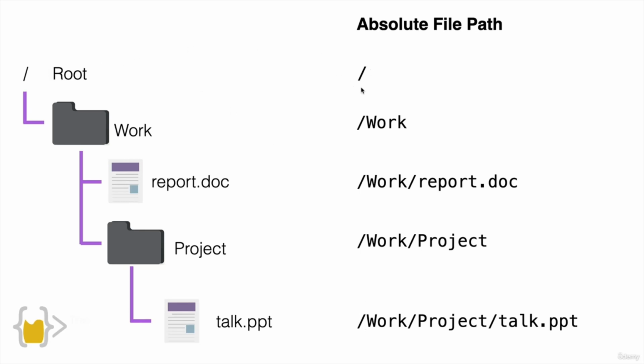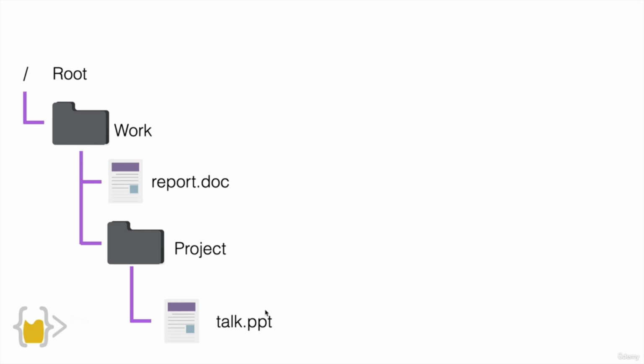So you'll always see a / to begin with, and sometimes you'll see C:, or on a Mac, you'll just see the /. This absolute file path is basically a path that starts from the origin, the root of the computer storage system.